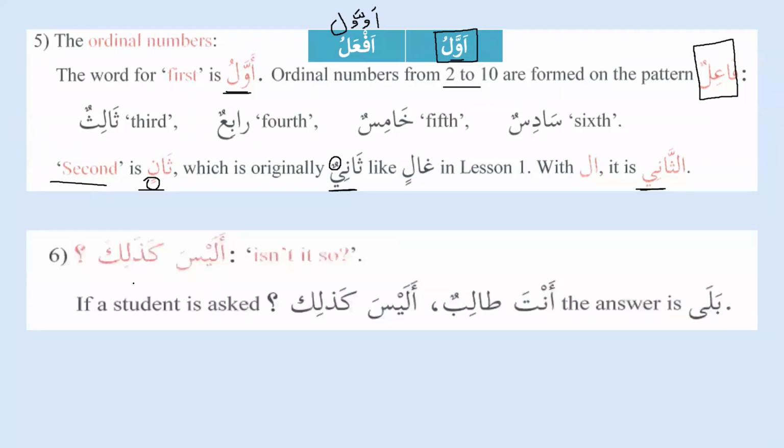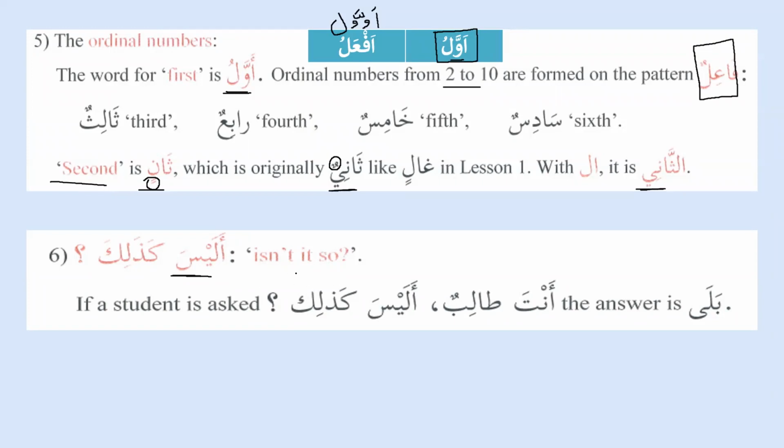Alaysa kadhalik. Isn't it so? Now, what kind of question is this? This is a negative question. Whenever we ask a simple question, anta talibun, you will say, na'am, ana talibun. But if you ask a negative question, then the answer will be different.